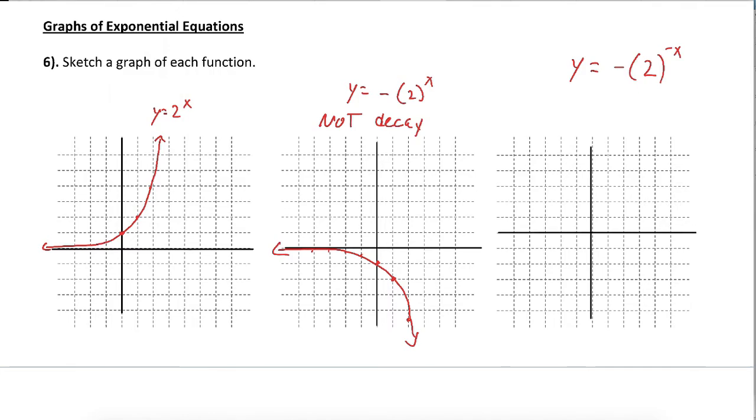So this graph will be both upside down and backwards, and it doesn't even matter which order you flip it in. But it means as x gets bigger, we'll get closer to the x-axis. As x gets more negative, our y value will become more negative.